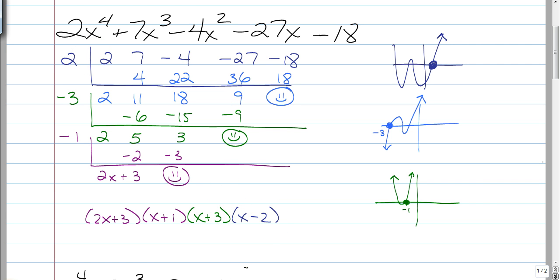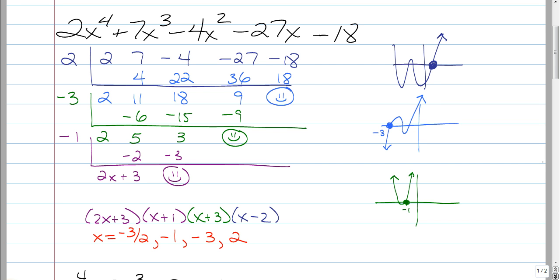Look at that. You just solved an entire problem using just synthetic division, graphing, factoring, everything. It's all done. The only thing you have left to do is list all of your zeros, and all of your zeros would be x is equal to -3/2, -1, -3, and +2. And that's it. An entire problem factored using only synthetic division and a graphing calculator.